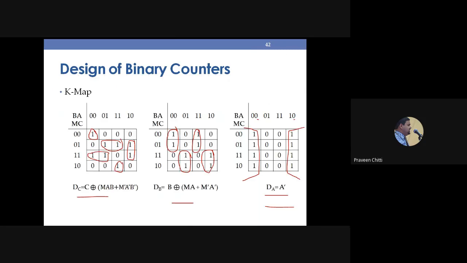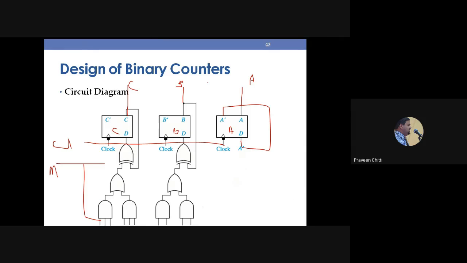Now using these three equations, we have drawn this logic diagram for the 3-bit binary up-down counter, which counts in up direction when M equal to 1, and it counts in down direction when M equal to 0. So that is the designing of a 3-bit binary up-down counter.